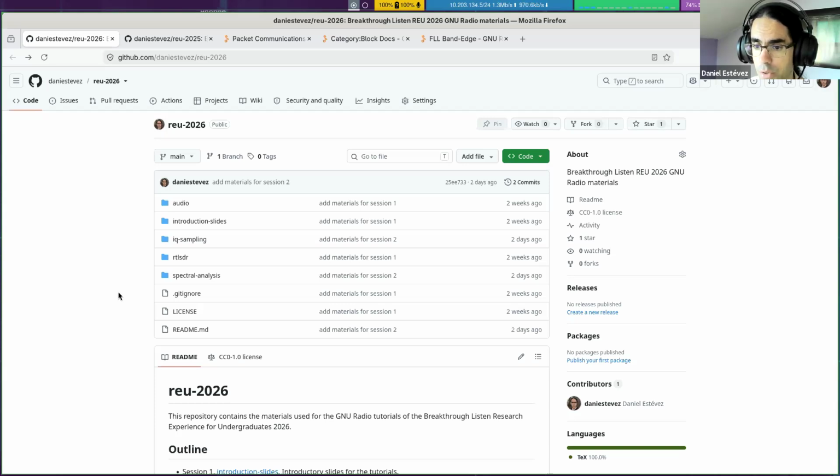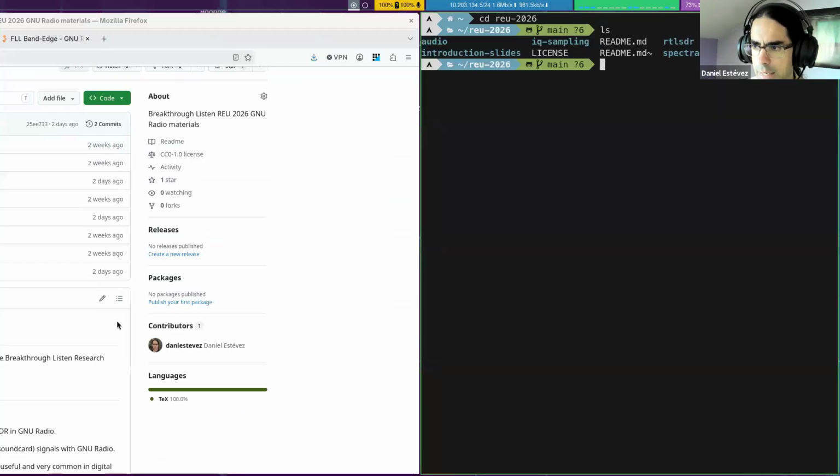For example, there is something called the FFT window, which can be chosen to optimize for some characteristics or some others, depending on exactly what we need to do. So there's a whole lot of stuff in here. Some of it is pretty basic. Some of it is already going into more advanced things. But let's get started with the IQ sampling.